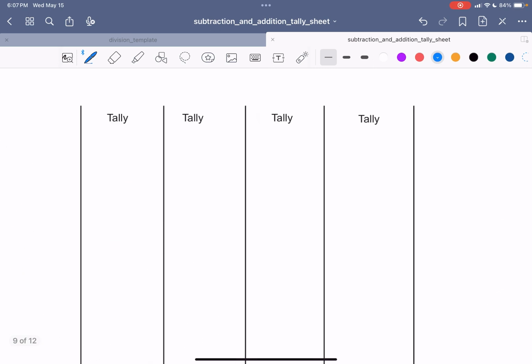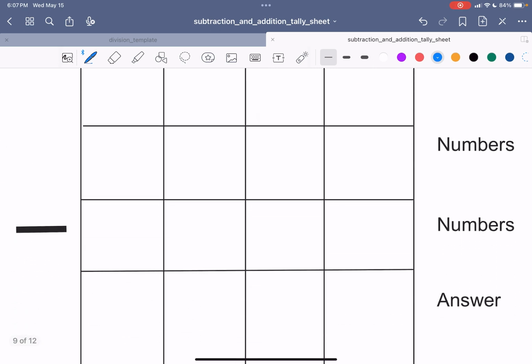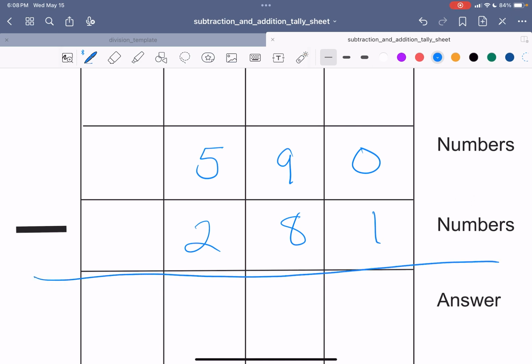So another one. Let's do 590 minus 281. So we have 0 minus 1, which we can't do. So we're going to borrow from the 9. 9 is going to become an 8.